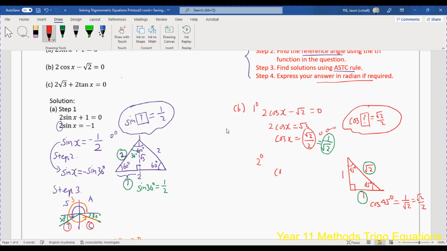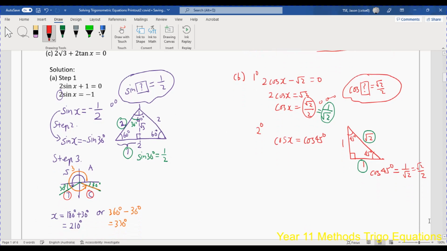From the above equation, right now we can write cosine x actually equals cosine 45 degree. But does it mean x equals 45? Yes and no, because of course 45 degrees is one of the answers, but it's not all the answers. So that's why we need to do step 3.